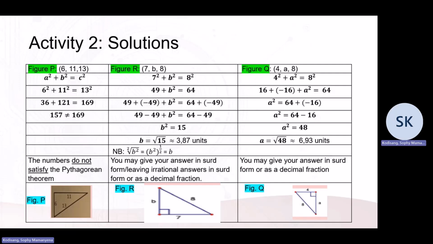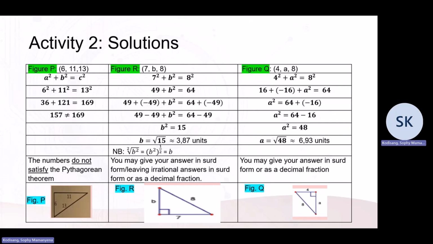Hence, I said this is approximately 3.87. It's not an exact number, but we rounded off the number to 2 decimal places. You may give your answer in surd form, as I've already indicated, or leave irrational answers in surd form, or as a decimal fraction.